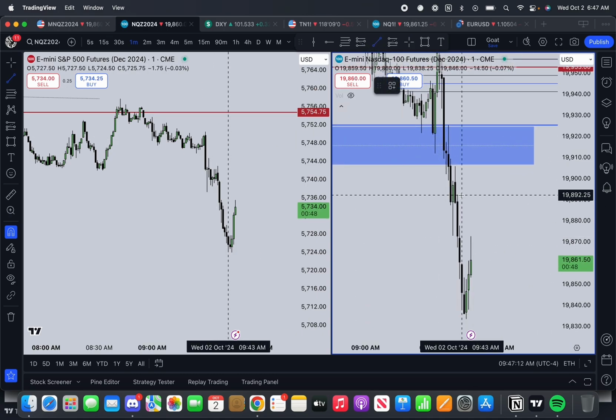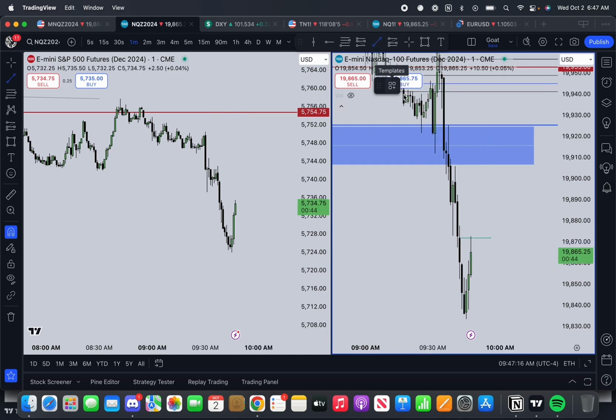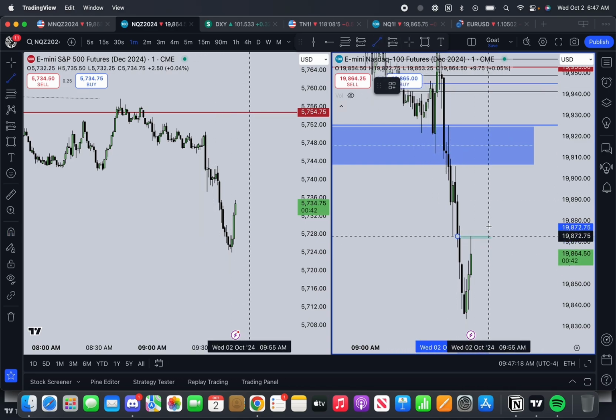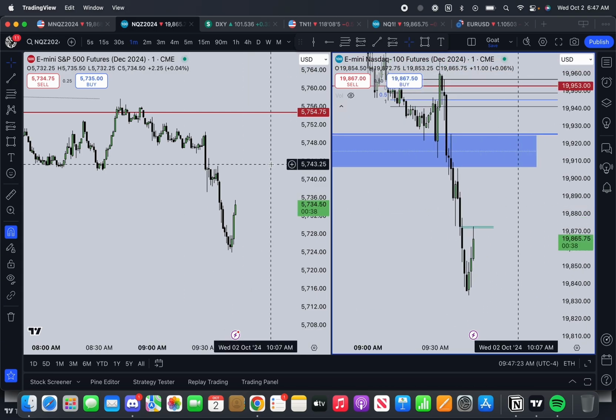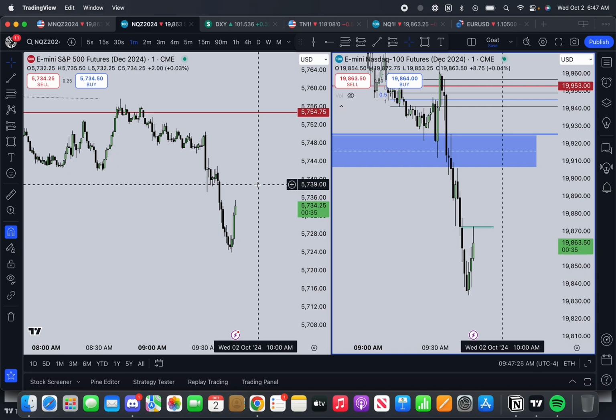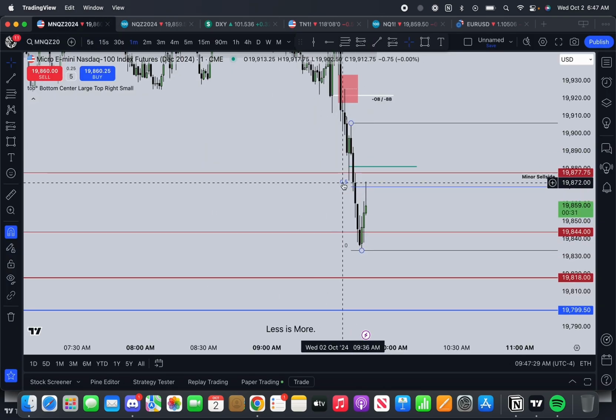We have volume imbalance right there that we just hit. We have the macro starting soon, so should see it run lower here during this macro.